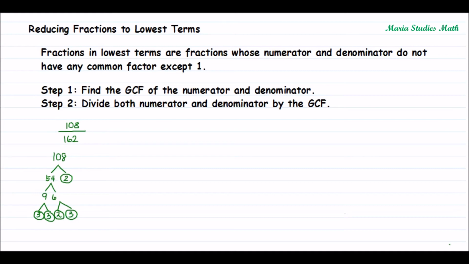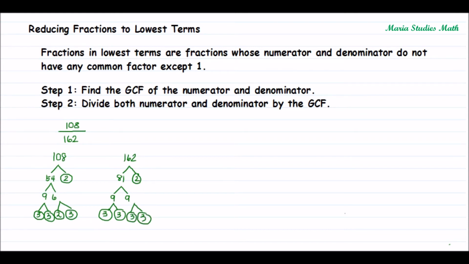This time, let's do the same thing with 162. The factors of 162 are 81 times 2. 2 is a prime number. Next, 81 can be factored as 9 times 9. And 9 can be factored as 3 and 3, which are prime numbers.